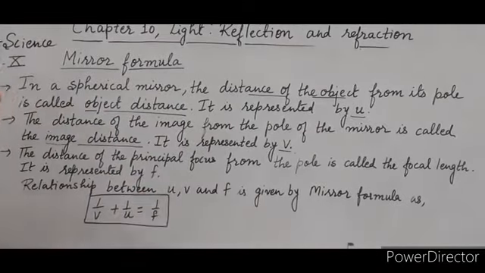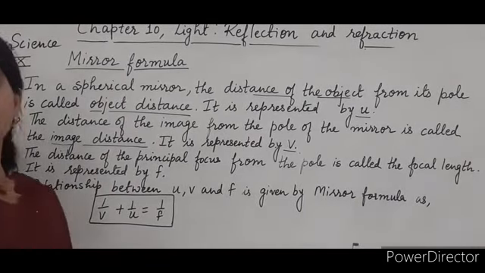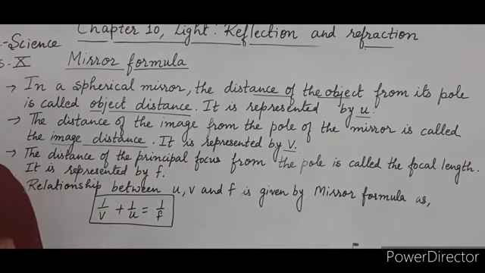Similarly, the distance of the image from the pole of the mirror is called the image distance, and it is represented by v.